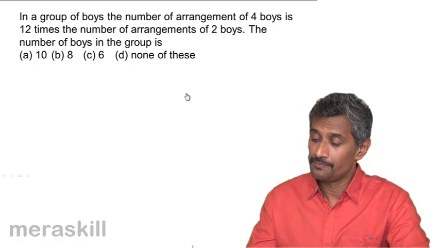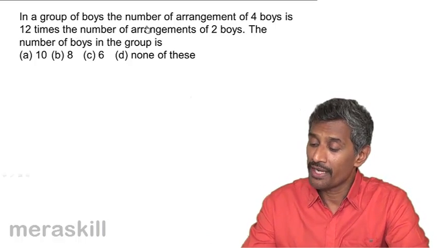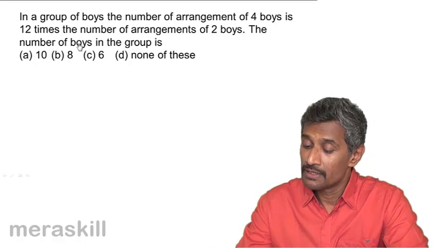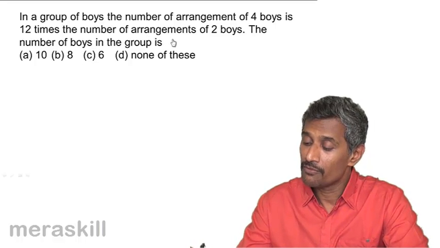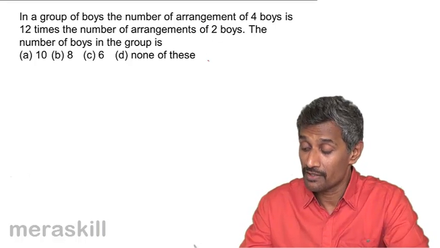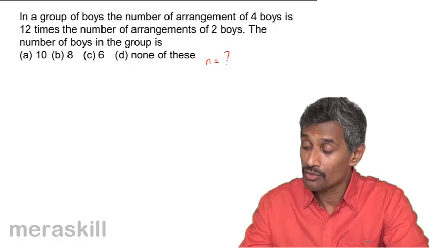Then, in a group of boys, the number of arrangements of 4 boys is 12 times the number of arrangements of 2 boys. The number of boys in the group, that means here n is not known.